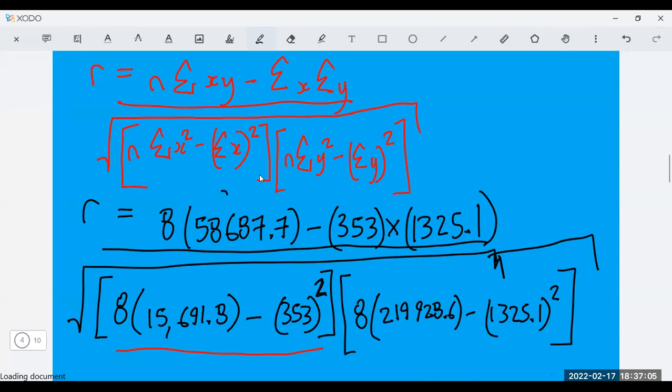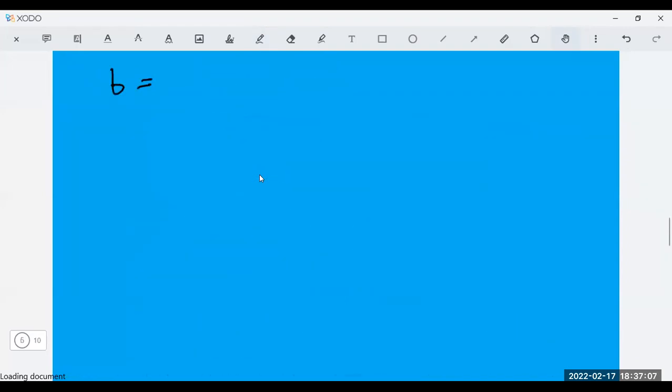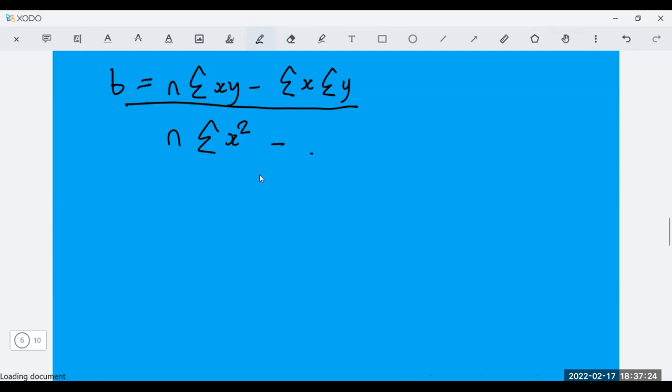Our B, we said, B, remember, was n times the sum of xy minus the sum of x times the sum of y, but then it's just divided by, no more square root now. No square root when you're working out B. It is just n times the sum of x squared minus the sum of x all squared. We pretty much wrote these down already.